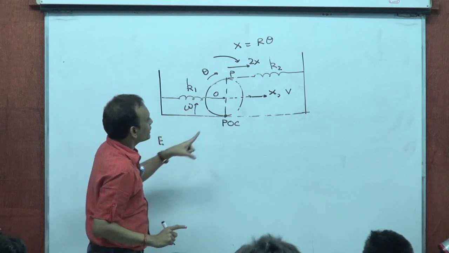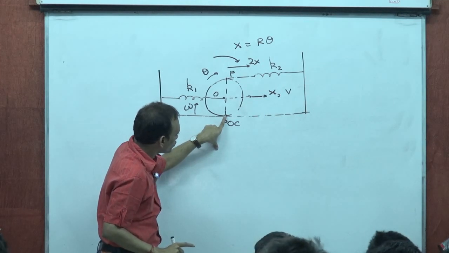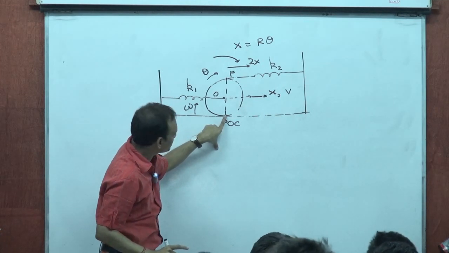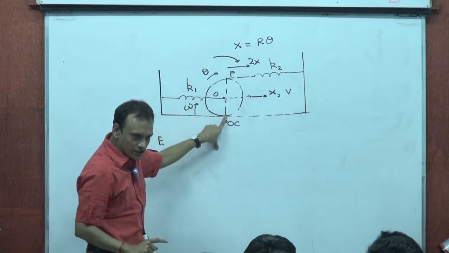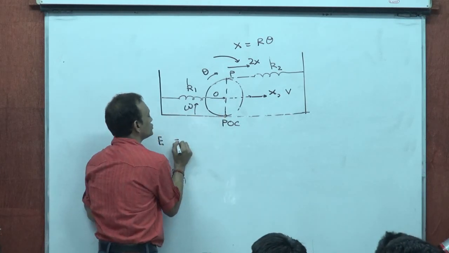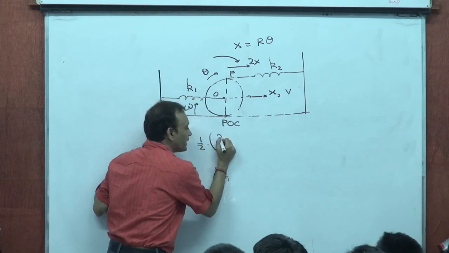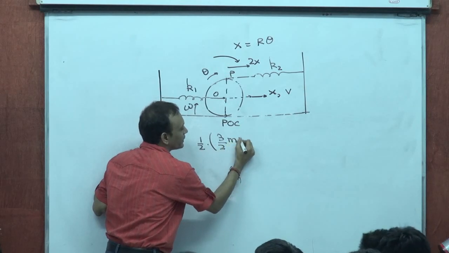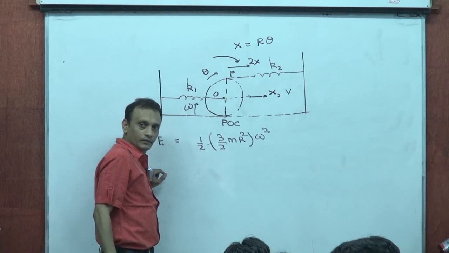Now, if this has a velocity v, then it's in a state of pure rotation. Therefore, the total kinetic energy would be as if it's in a state of pure rotation about the point of contact, the instantaneous center. So the total kinetic energy of this would be half of I cylinder, so 3 by 2 mr squared into omega squared, right?